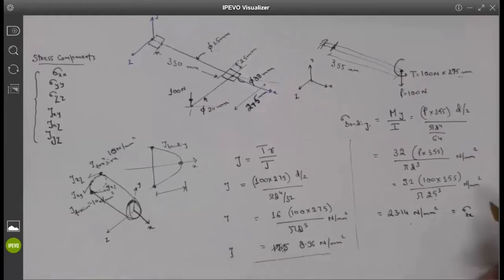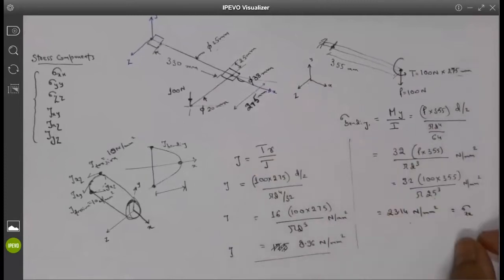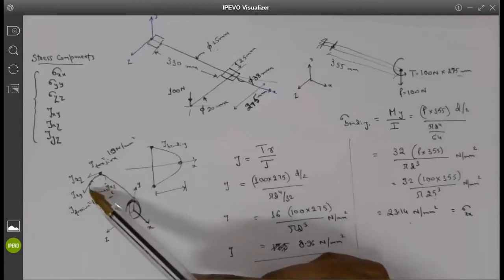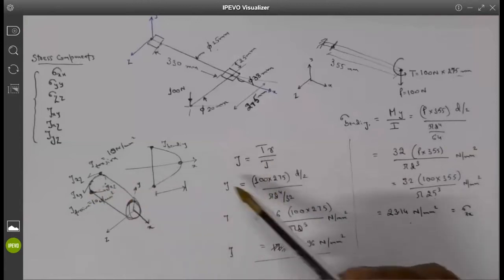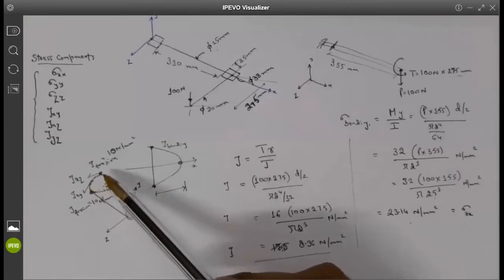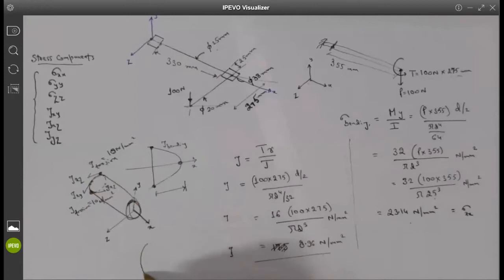And the point where we stopped, I mentioned that if sigma bending is sigma xx, how about tau? What will be the tau direction? If we know the shear stresses due to twisting moment, what will be that component of tau when it is going in this circular form, in the circular cross section? If you look at the cross section of this rod, it is a circle.